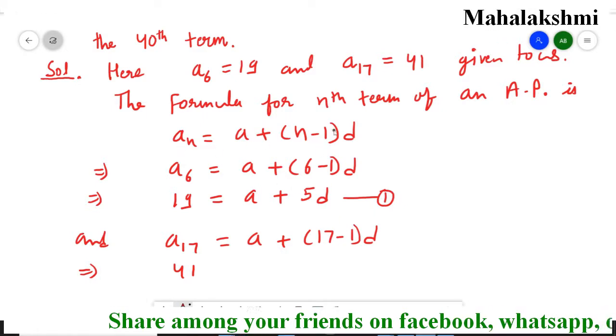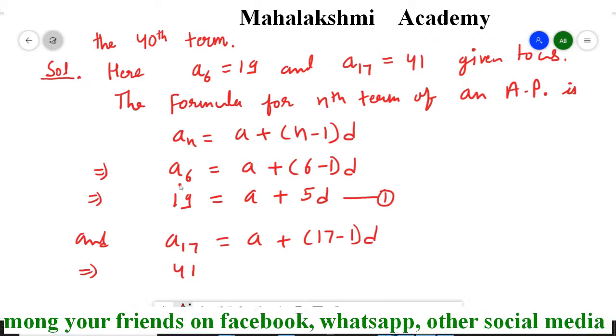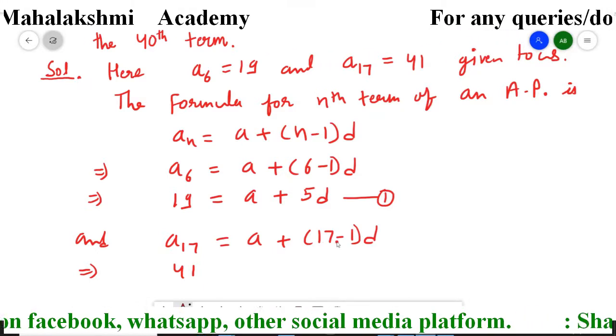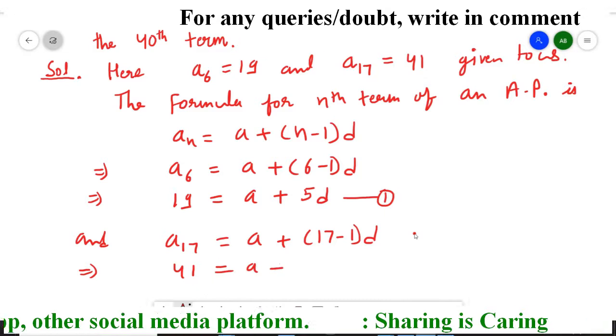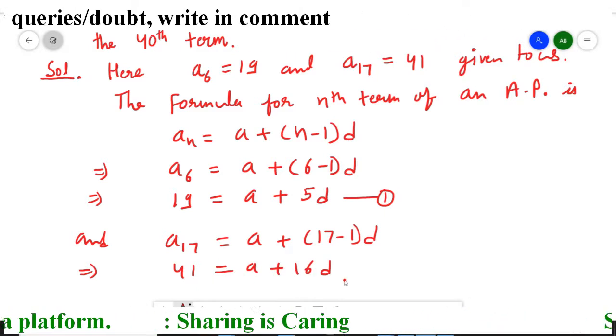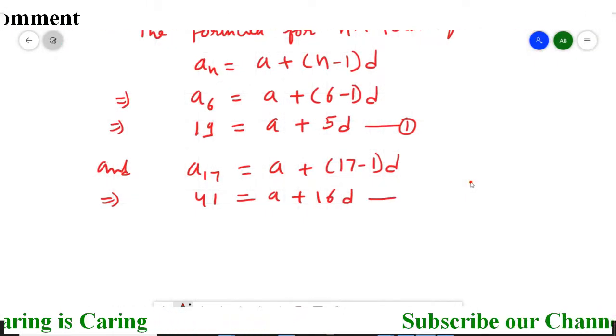So once we did it for a6, and second time we are doing it for a17, we get a plus 16d. Here we don't know the values of a and d, so this remains as it is. We'll assume this as equation second.